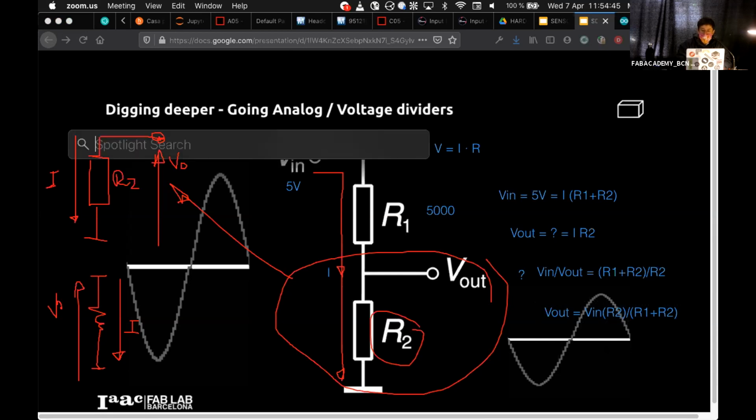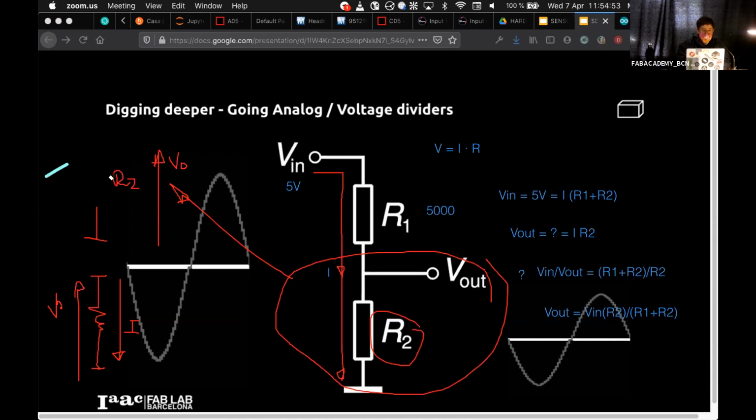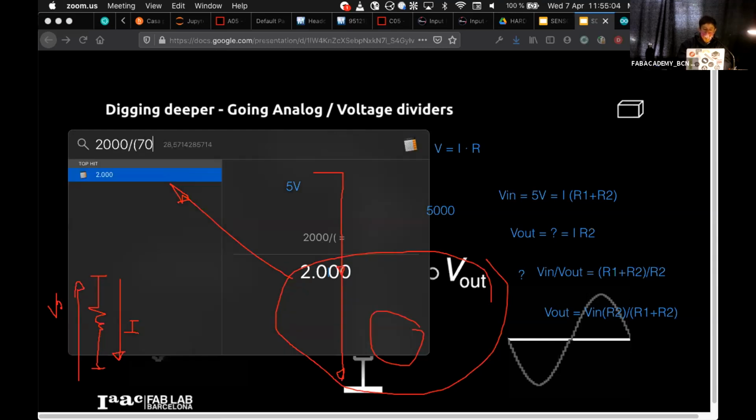And if we do that, we say 5, let me clear the screen. So if we apply this, we say 2000 divided by 7000 times 5, 1.4. Good.